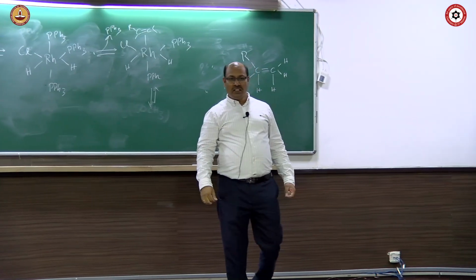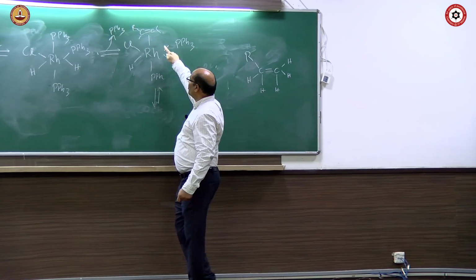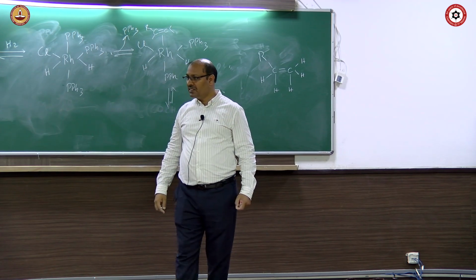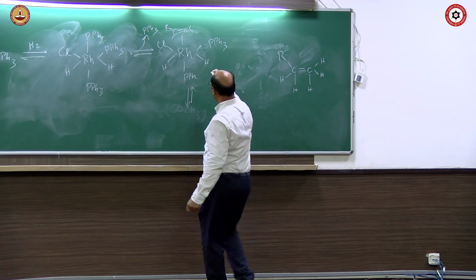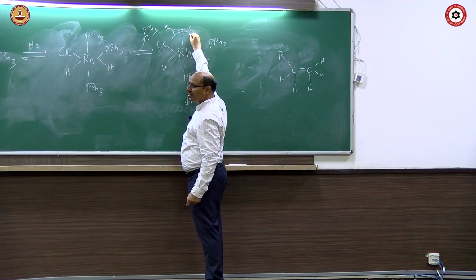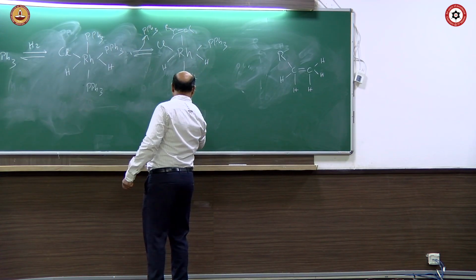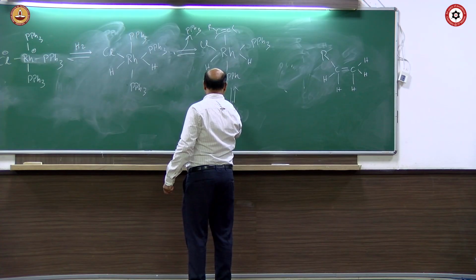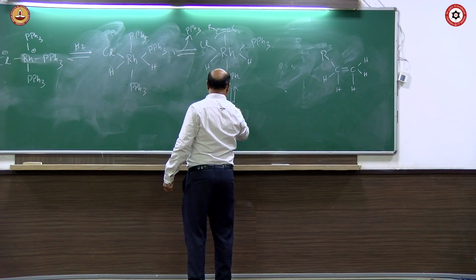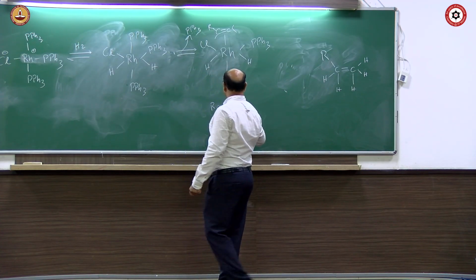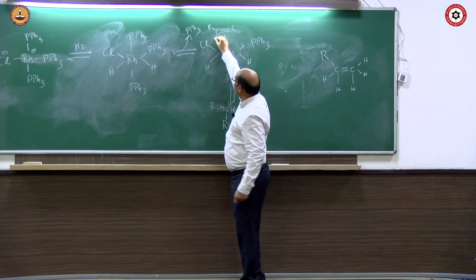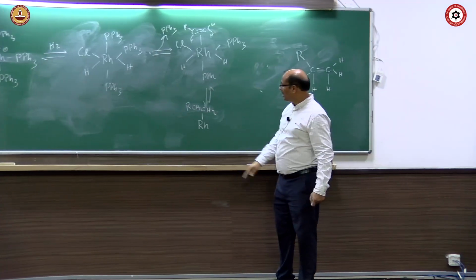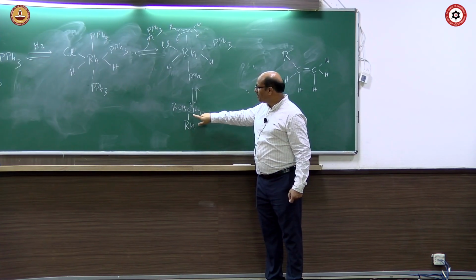Now hydrogen and olefin, there is a migration. Sometime back I told you migration. If this hydrogen is migrated to here, then RCH-CH2 becomes RCH2-CH2.